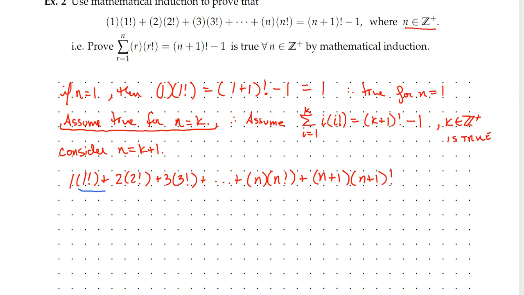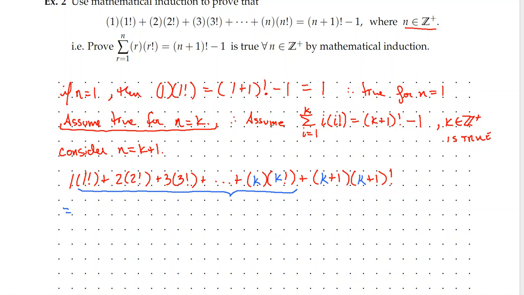Well, what do we know? We know that all of this piece was our inductive hypothesis. So based on our inductive hypothesis, and in this case we're going to be using k's because we're working with k's, let's make sure that we make that adjustment. Very important.